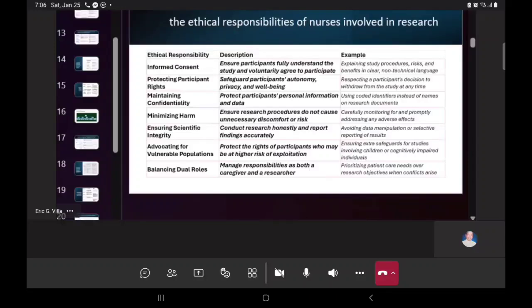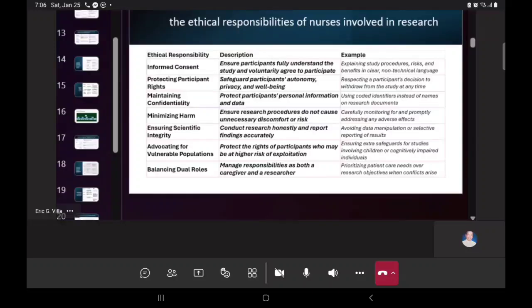One of the primary ethical responsibilities is ensuring informed consent. Nurses must ensure that potential participants fully understand the nature of the study, its risks and benefits, and their rights as participants. This involves explaining complex medical concepts in accessible language and verifying comprehension before obtaining consent.